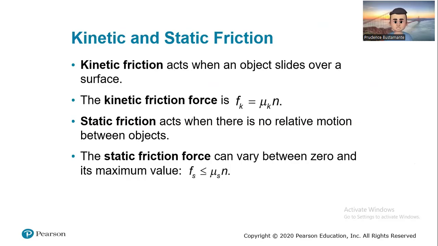Whenever you're pushing an object and it's sliding along the surface, the type of friction force acting on it is the kinetic friction force. And the kinetic friction force is equal to some constant times the normal force. Okay. We call this constant the coefficient of kinetic friction.